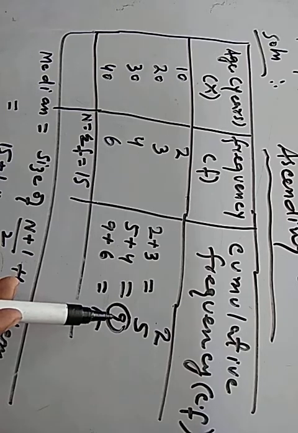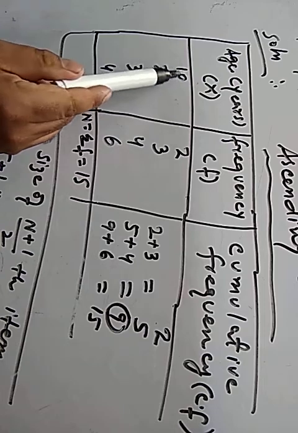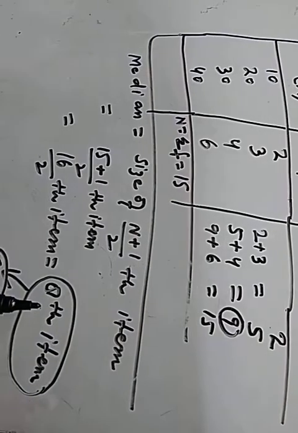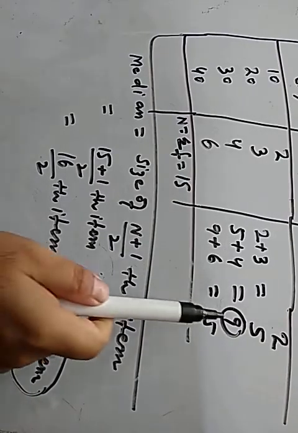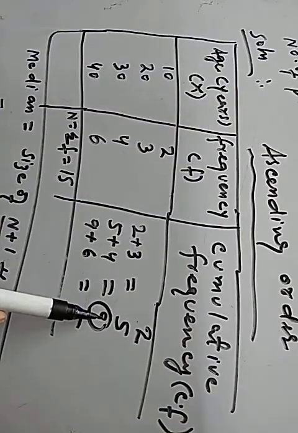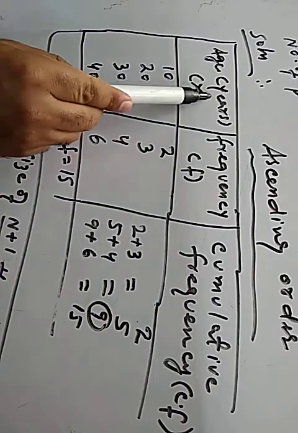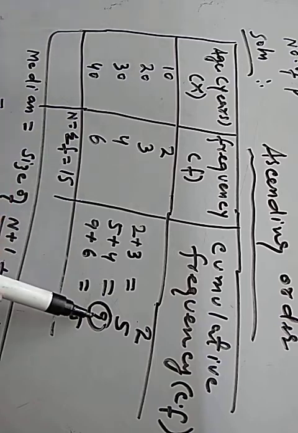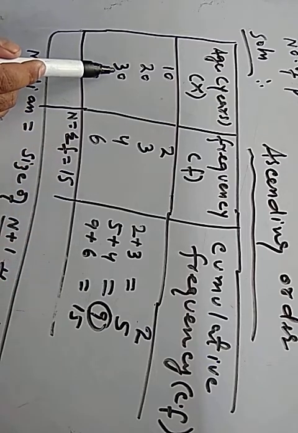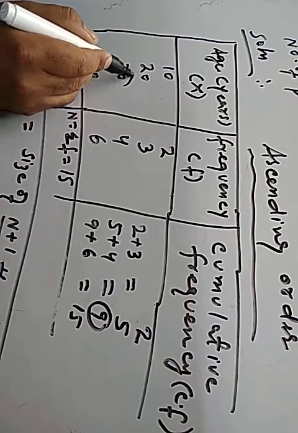It means that there are 9 persons whose age lies between 10 to 30 years. And this 8th item will lie in the number of 9. On the basis of this value, we can locate the value of median from the values of variable. This cumulative frequency 9 corresponds to the value of the variable that is 30 years.